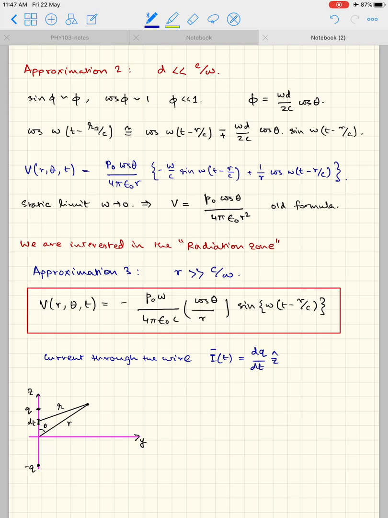So this is simply minus q naught omega sine omega t in the z direction.